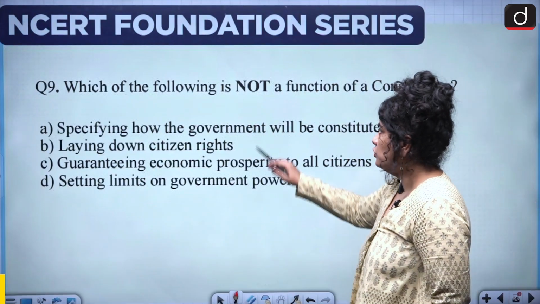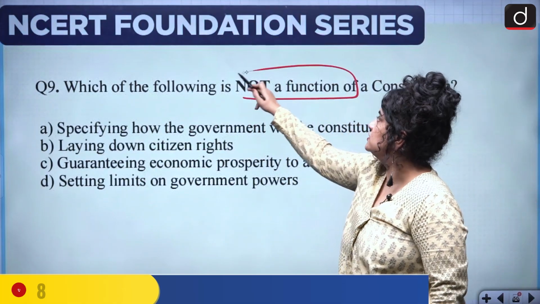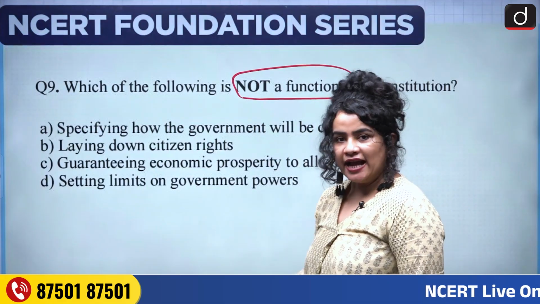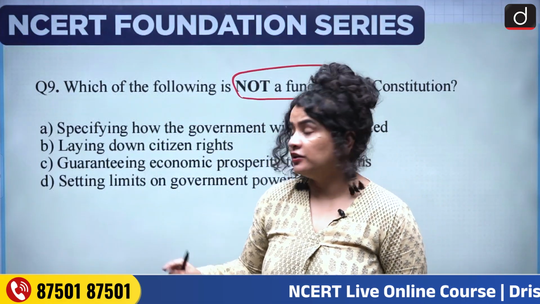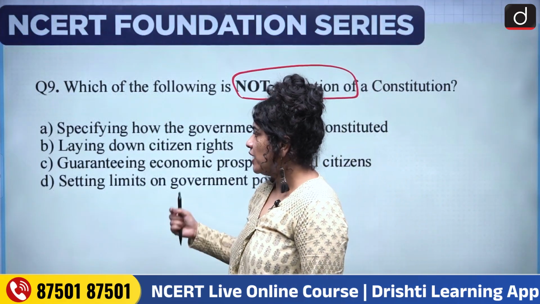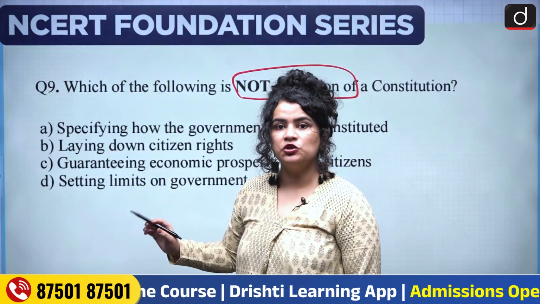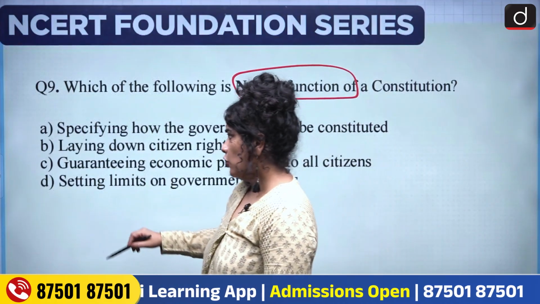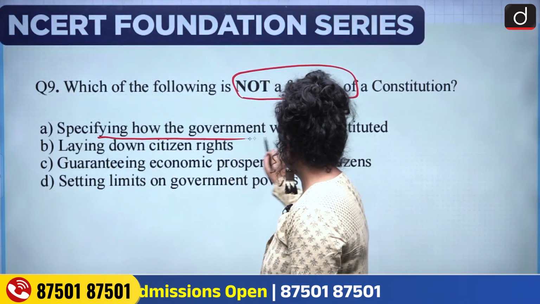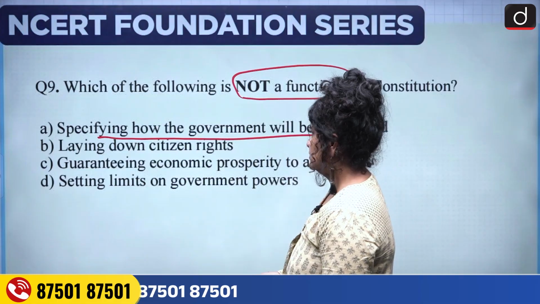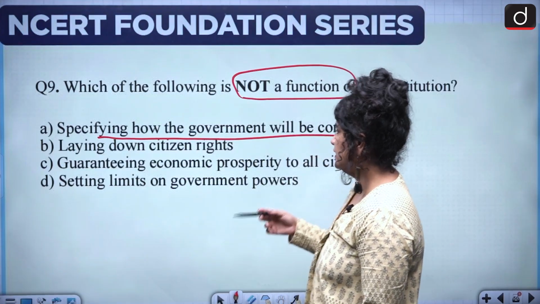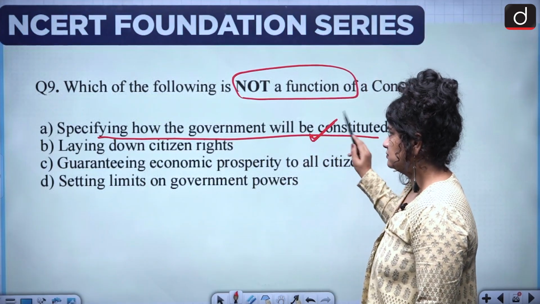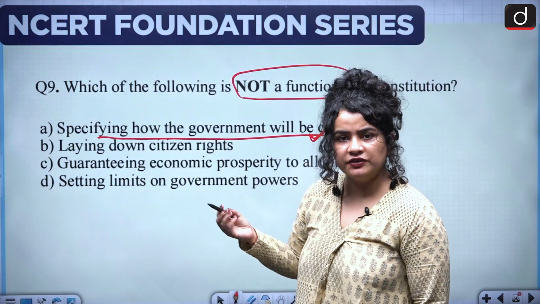Question 9, which of the following is not a function of the Constitution? So we've really glanced through quickly what the functions of the Constitution are. So I think we'll be able to figure out which one is not the function of the Constitution. Option A says specifying how the government will be constituted. So I think the Constitution does this. We've discussed this.